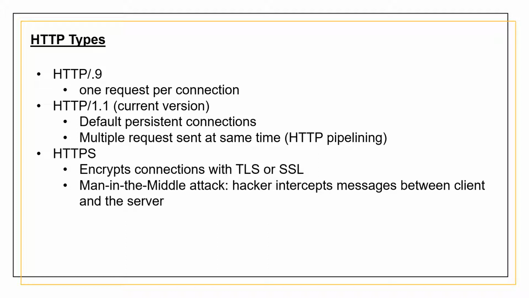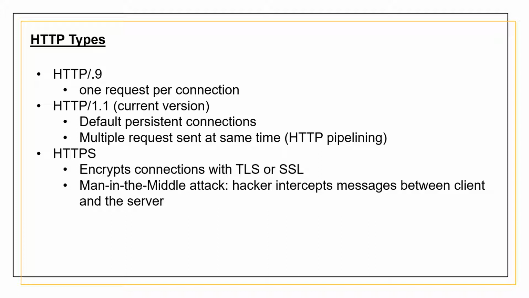Finally, we have HTTPS. This is considered the safest type of HTTP because it encrypts connections with either TLS or SSL, mainly today using TLS, which uses asymmetric encryption, and that means it has private and public keys, which protect against things like the man-in-the-middle attack, in which a hacker intercepts a message that you sent out between the client and the server.